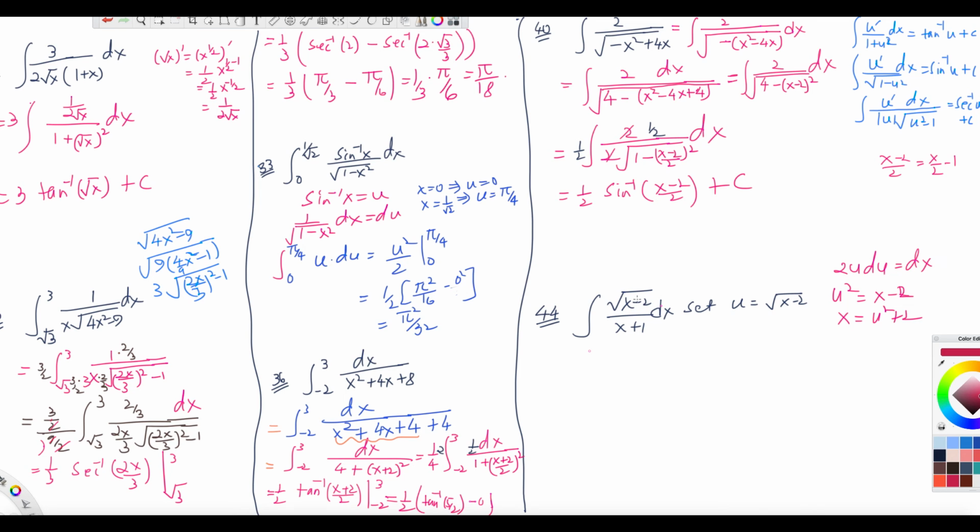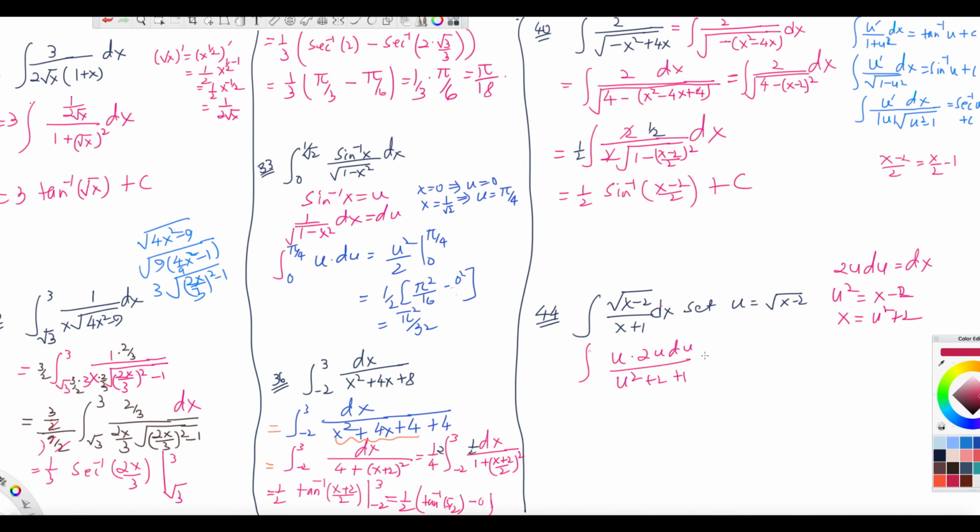So we are replacing this by u. Okay, so dx will be written as 2u du. All right, so let us replace that. So you can write the integral of u times 2u du over u square plus 2 plus 1.